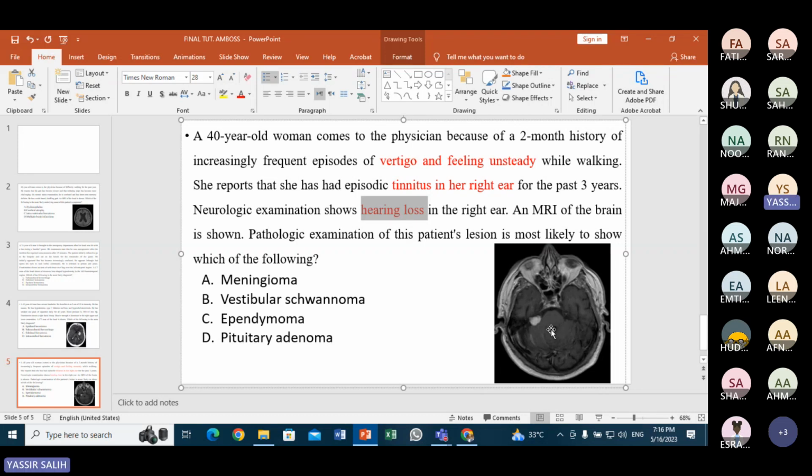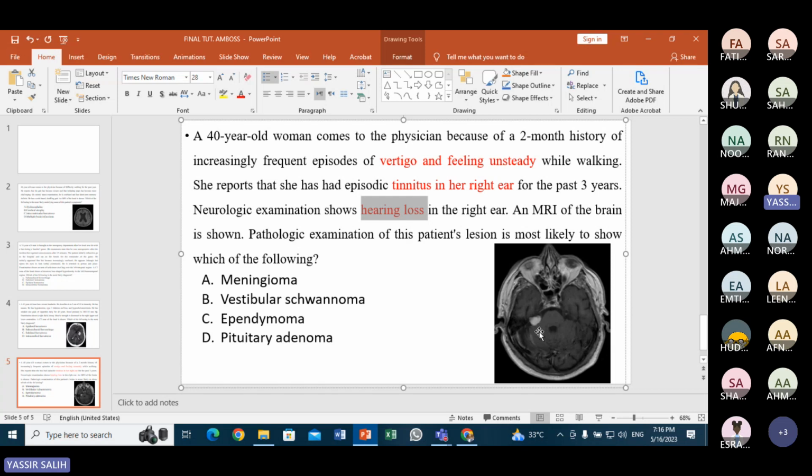Anterior to the fourth ventricle is the brain stem. Which part? The bigger one, the pons. And what is this? The cerebellum. So this lesion is in the cerebellopontine angle, the angle between the pons and the cerebellum. This is the cerebellopontine angle.